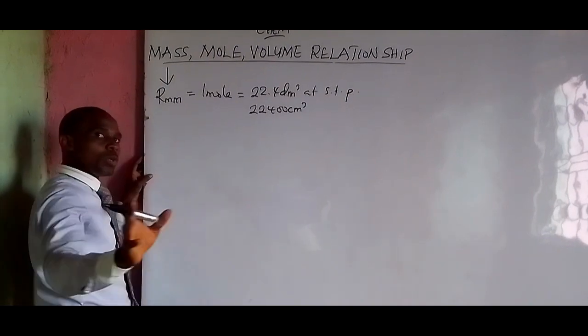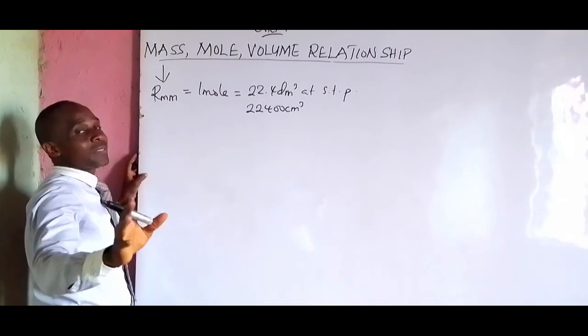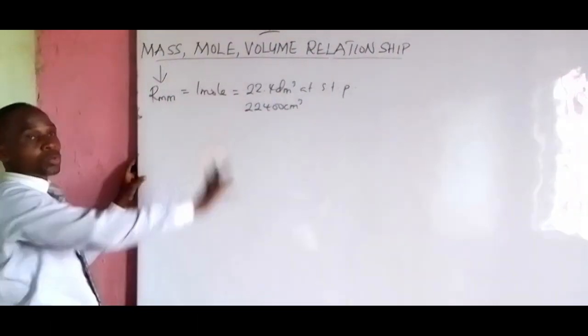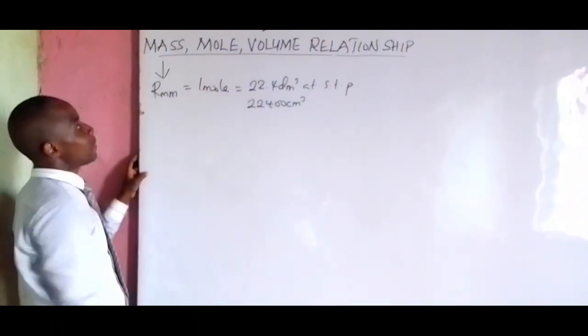We are still going to learn gas laws, so we'll talk about standard temperature and pressure then. I don't want us to talk about that now, so let's just focus on these.